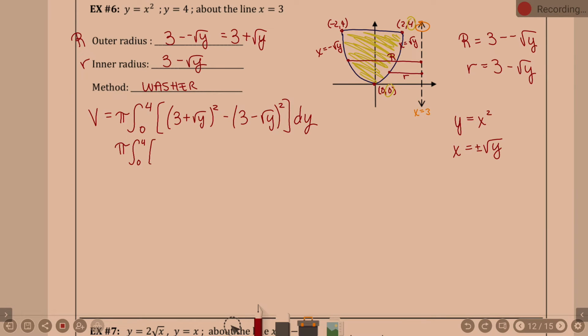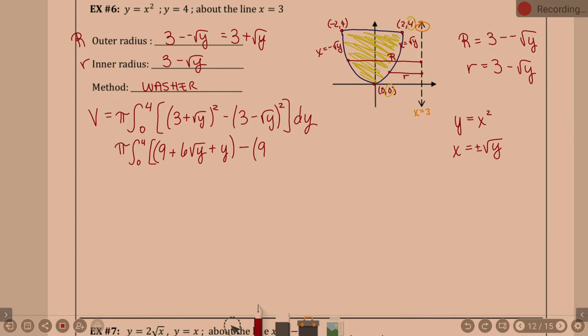We're foiling. 3 times 3 is 9, plus 3 times square root of y is 3 square root of y, plus 3 square root of y is going to be 6 square root of y, plus square root of y times square root of y is going to be y, minus, next parenthesis, 3 times 3 is 9. 3 times negative square root of y, negative 3 square root of y.